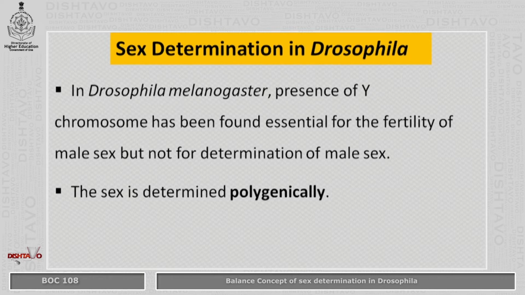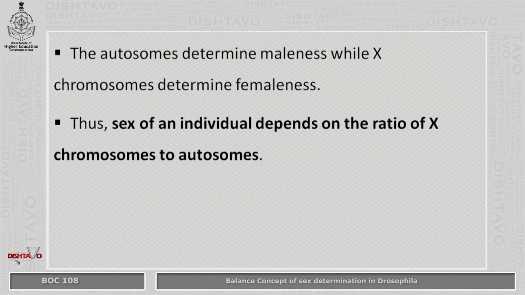The sex in Drosophila is determined polygenically. The autosomes determine maleness, while the X chromosome determines femaleness. Thus, the sex of an individual depends on the ratio of X chromosomes to autosomes.